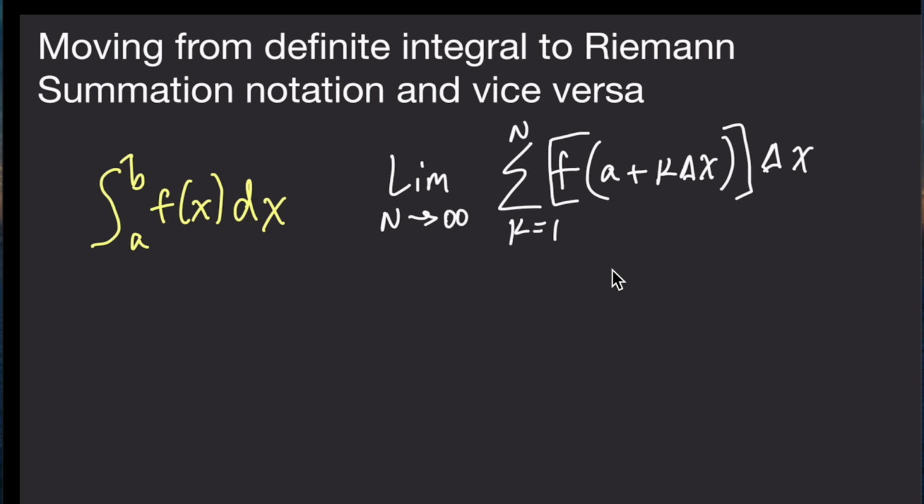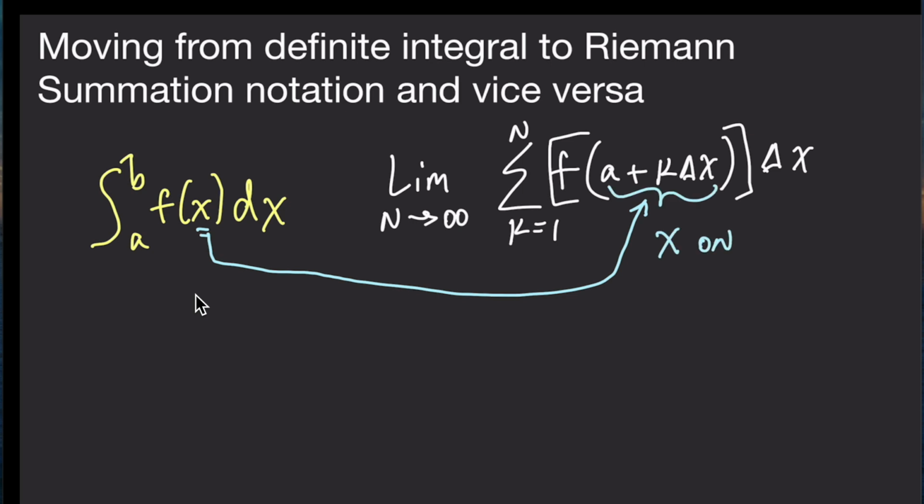Now, folks, this is how I like to think of it. When you have the integral, you have f of normal x. When you move to the summation notation, you're going to have f of what I call x on steroids. Okay, x on steroids.